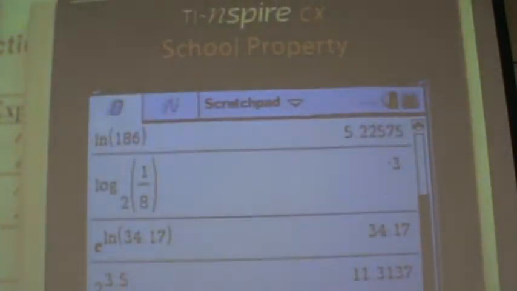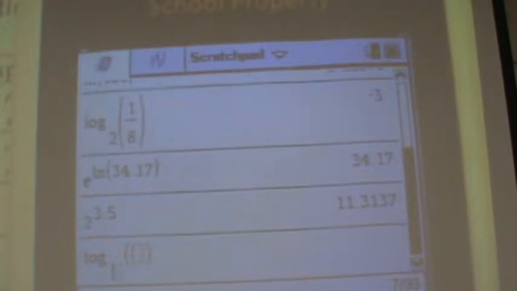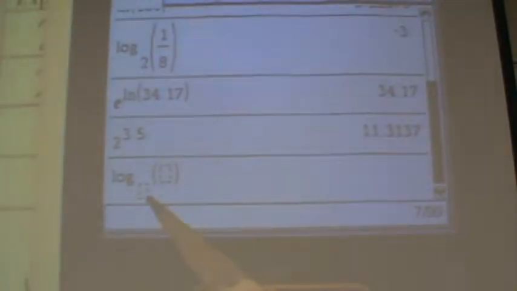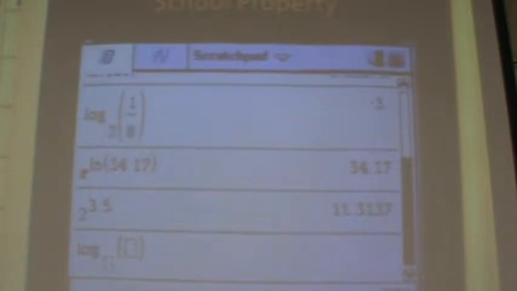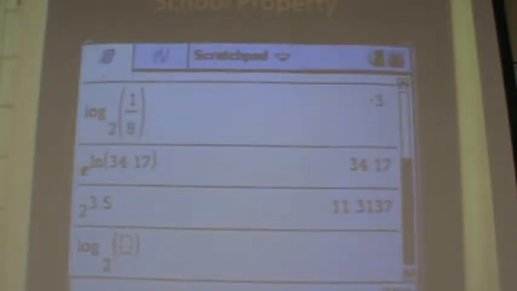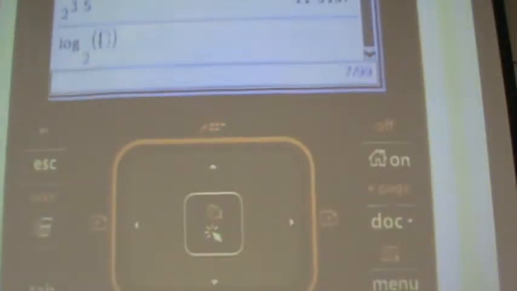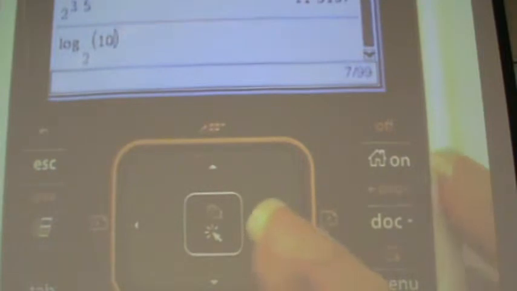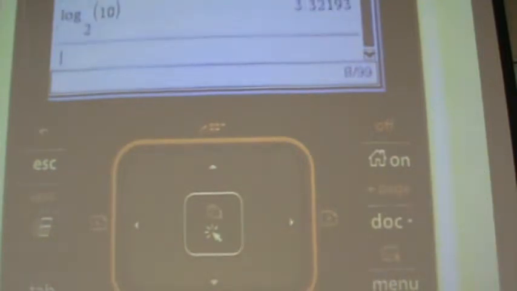So you're gonna hit control, log, and now do you see the two prompts here? Right there, you're gonna type in the log of base 2, the 2 there, and then arrow over with the big square here, arrow over and put a 10. And then hit enter, and you should get exactly the same answer we got.